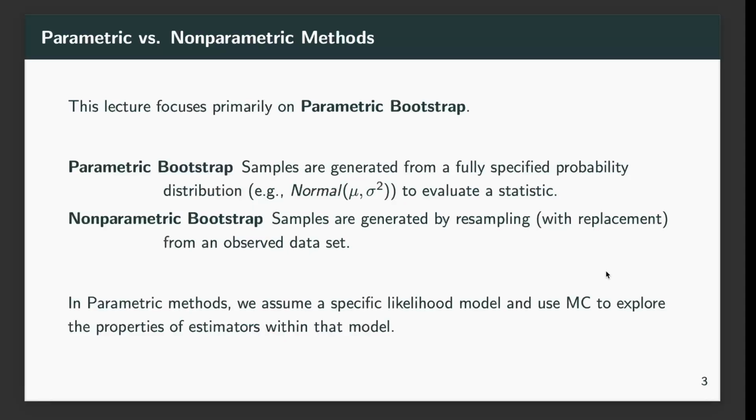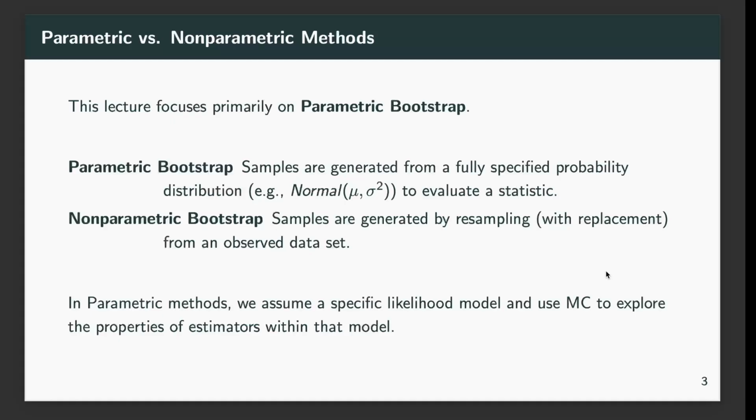In the parametric bootstrap, we assume a specific probability model. For example, we assume that our data come from a normal distribution with a mean of mu and a variance given by sigma squared. Then we generate our Monte Carlo sample directly from this model using the estimated or known parameters.